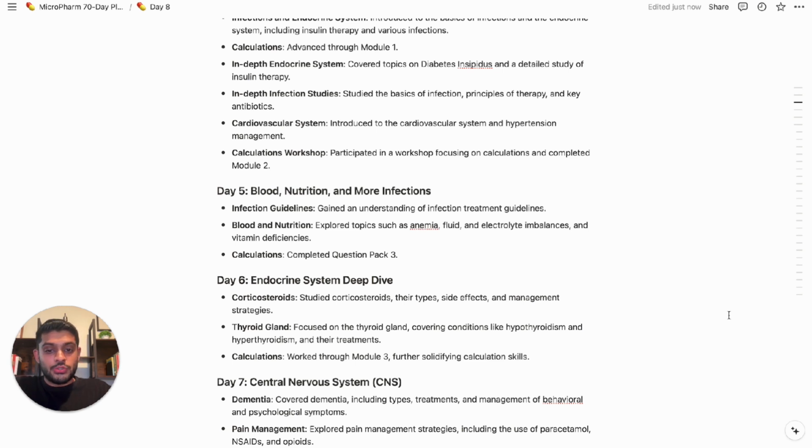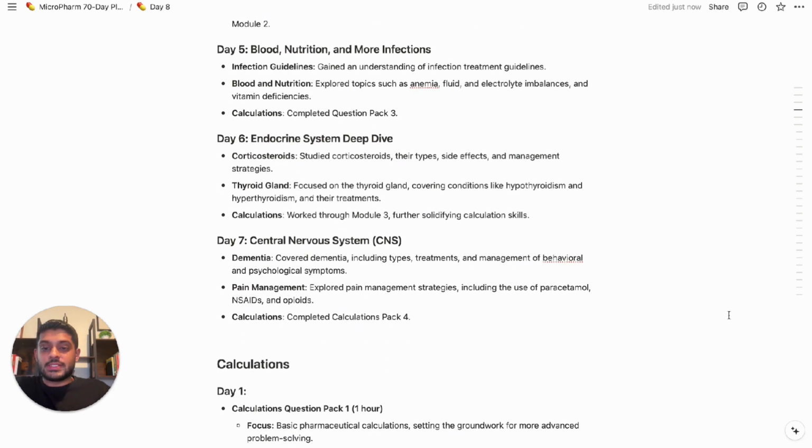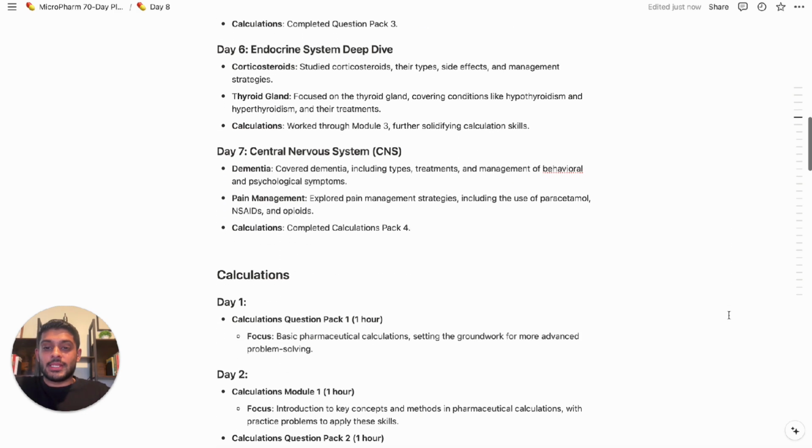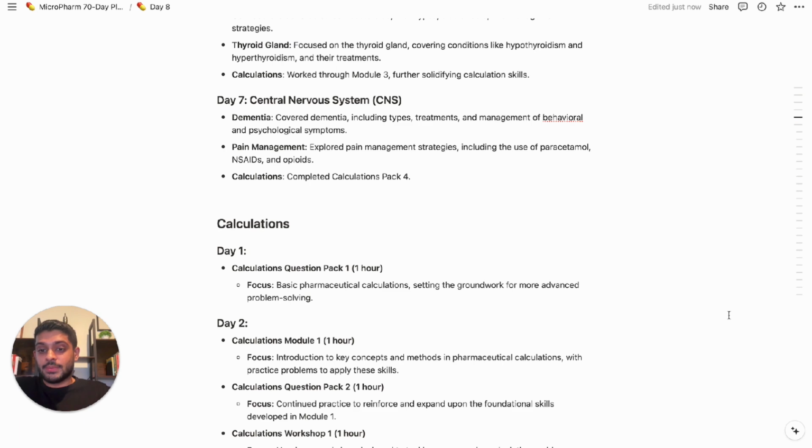We did blood and nutrition and more infections from day 5 onwards. We went further into the endocrine system, focusing on the thyroid gland with further calculations. And then we started the CNS system. In particular, we started with dementia and pain management.